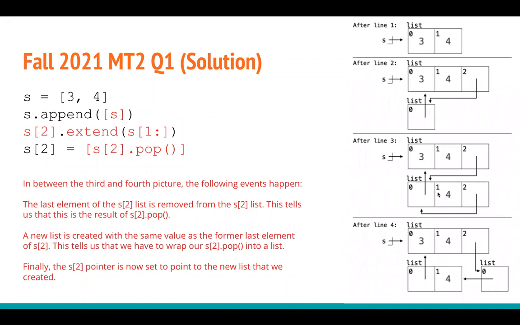The problem with it is that it doesn't do the second part, which redirects this pointer here to this thing, right? But if we did it all in square brackets, S2 is a list containing a pointer.